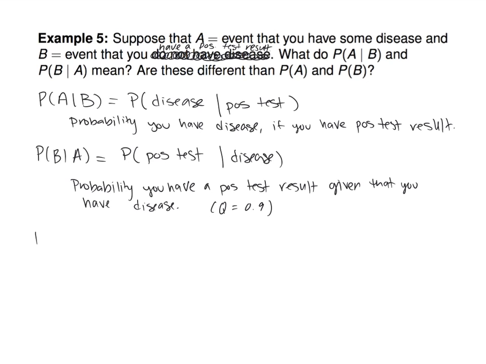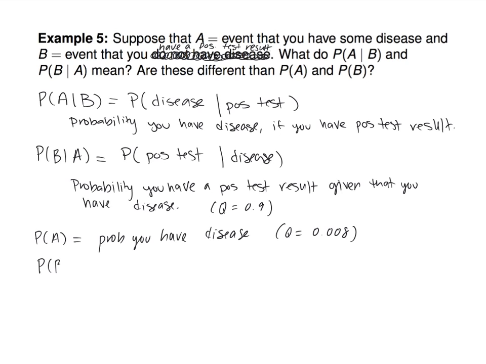And what is P of A? What does it mean? That you have the disease. 0.8. The probability that you have disease? Yep. From that question we did earlier, that was 0.008. I think this was 0.8%, right? Yep.